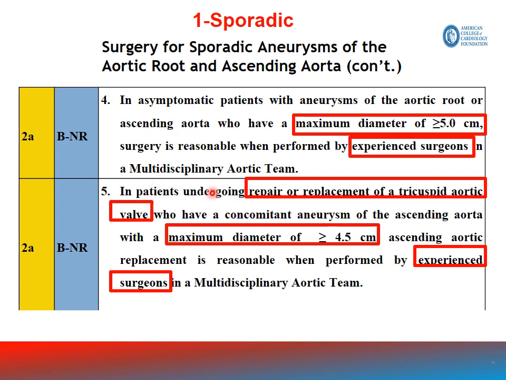The next indication is if the patient is scheduled for repair or replacement of tricuspid aortic valve and who have concomitant aneurysm of the ascending aorta with maximal diameter more than 4.5 centimeter, ascending aortic replacement is reasonable when the surgery is performed by experienced surgeon in a multidisciplinary aortic team.